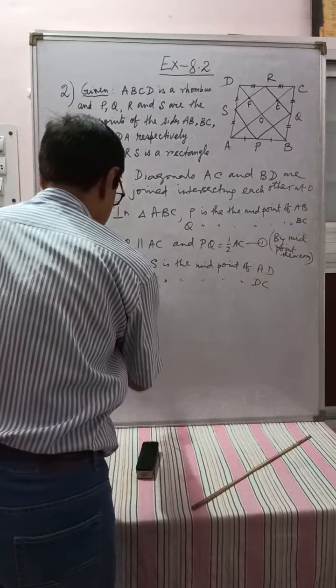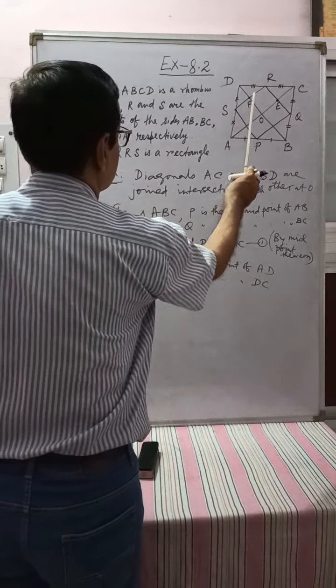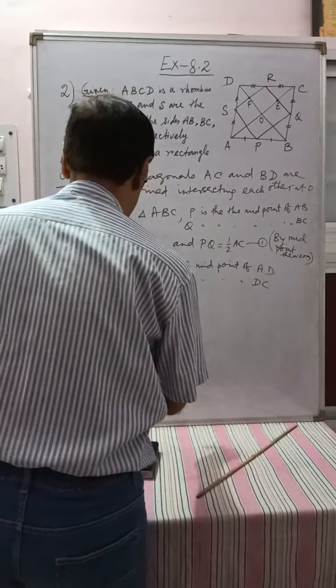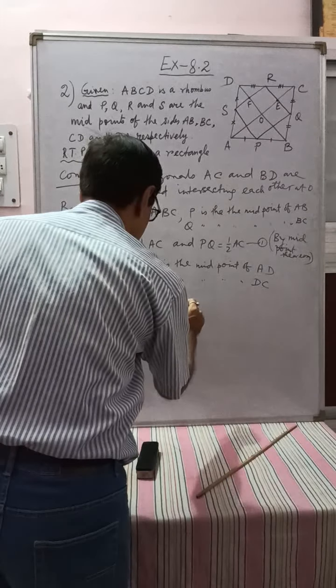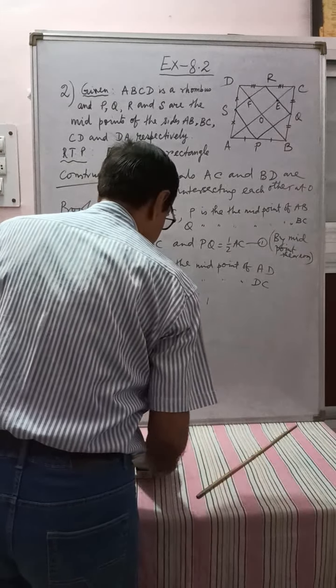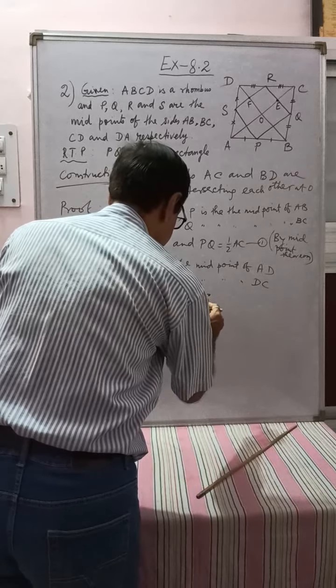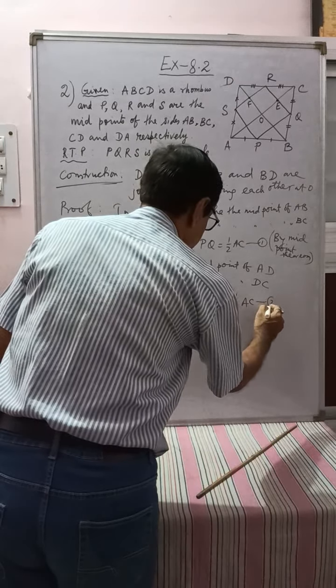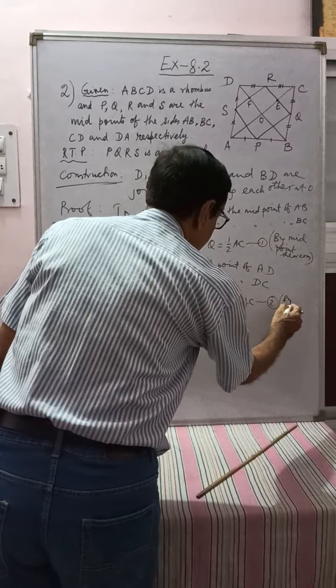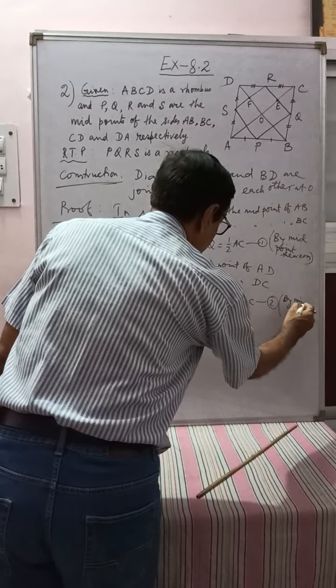So the line segment joining them, SR, is parallel to AC and SR is equal to half of AC, by the same reason, by the midpoint theorem. Call this result 2.